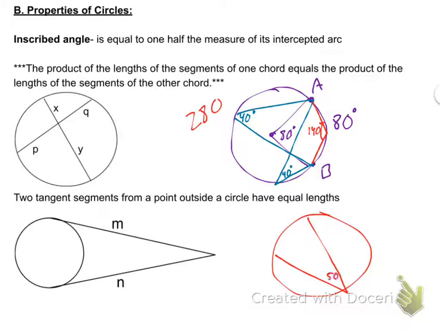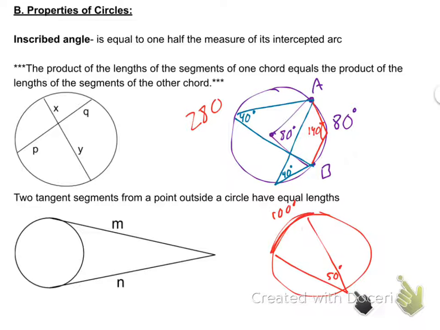If I put this as 50, what's this arc? 100. Do you guys see this? Because the inscribed angle, which is at the back of the circle, is half of this arc.